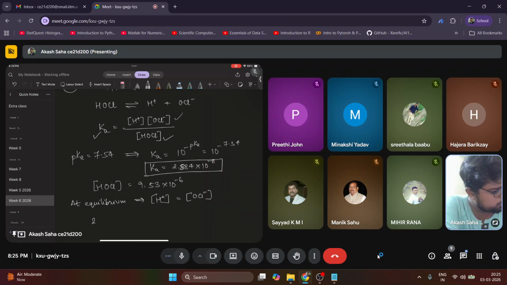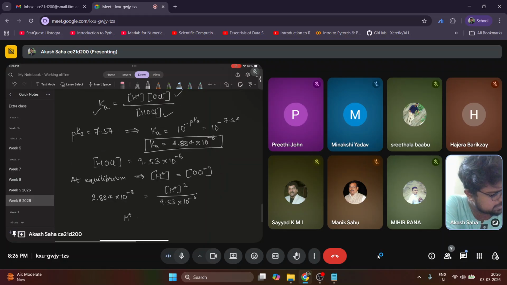So this will be 2.884 into 10 to the power minus 8 is equal to H plus square divided by HOCl, which is 9.53 into 10 to the power minus 6. From here we will get H plus, that is 5.24 into 10 to the power minus 7.